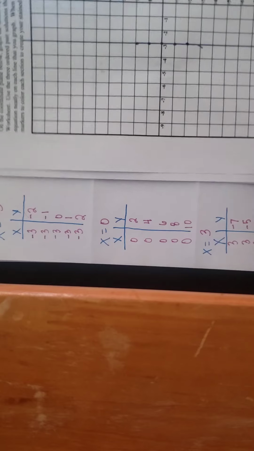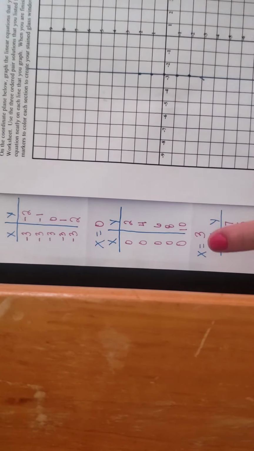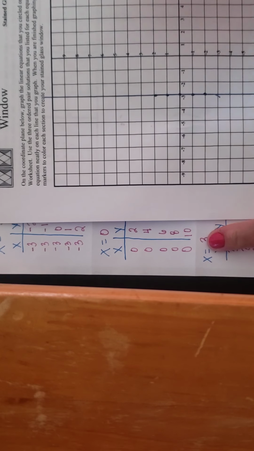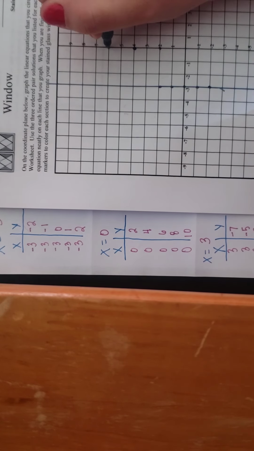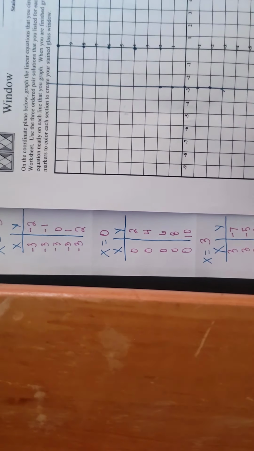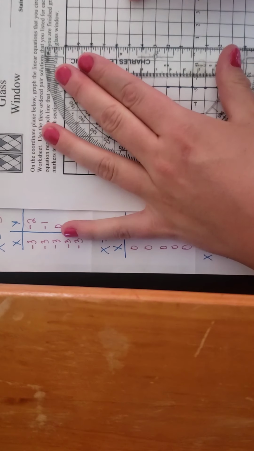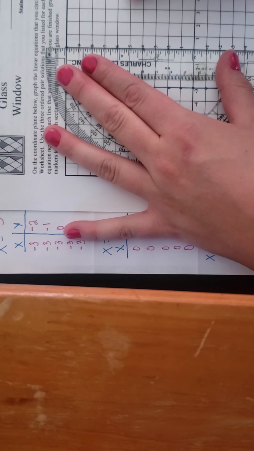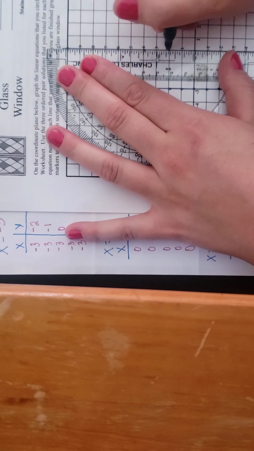My next line was x equals 0. So x is 0. I'm looking at these 5 points here. So x is 0 when y is 2, 4, 6, 8, and 10. So again, I've got them in a straight up and down line, even though the points aren't exactly the same as the first set. So then again, I take my straight edge and I'm going to connect my points.